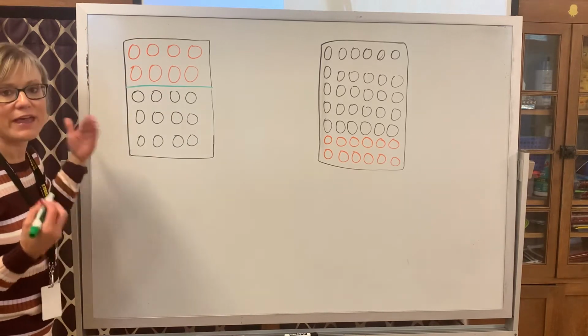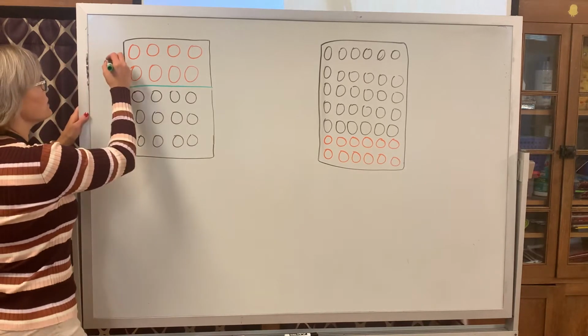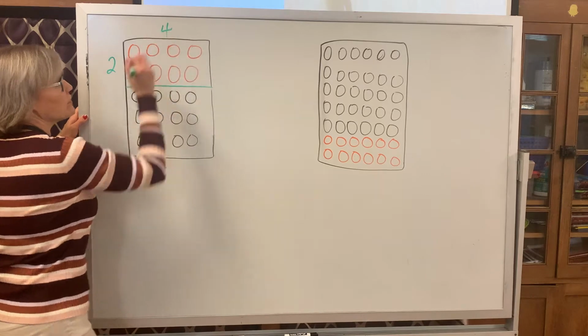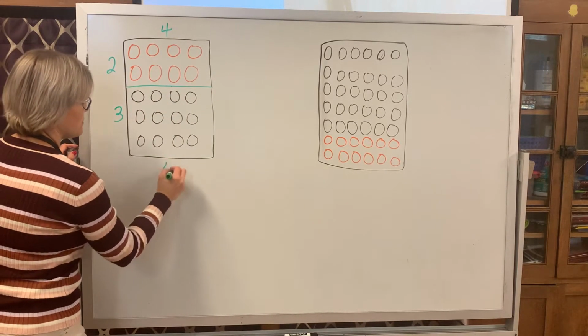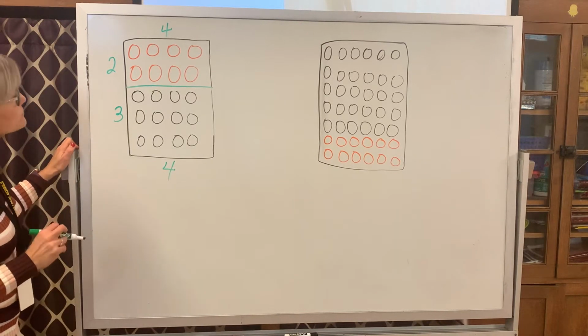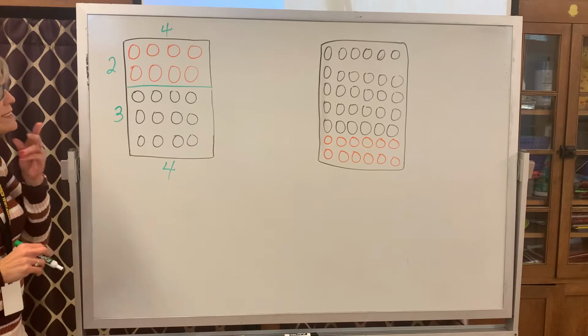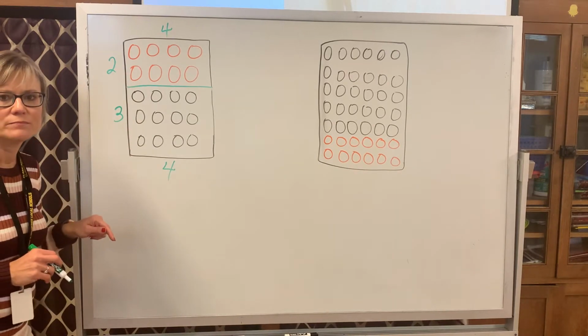So we've got to have that to represent the number of peanut butter cookies. So we have a 2 by 4 for our peanut butter cookies, and we have a 3 by 4 of our chocolate chip cookies. All right, so what is the same in both arrays?